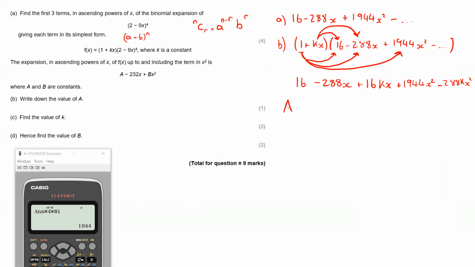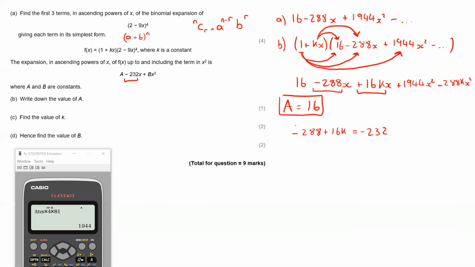Okay, so we can see from this that a equals 16. That's fine. So we're good with that. So that's for part B. For C, to find k, we're going to use this next one. So looking at the coefficient here, I've got this minus 288 and I've got plus 16k. And I know that needs to equal the coefficient over here. So I know that minus 288, when I add 16k to that, I'm going to get minus 232.